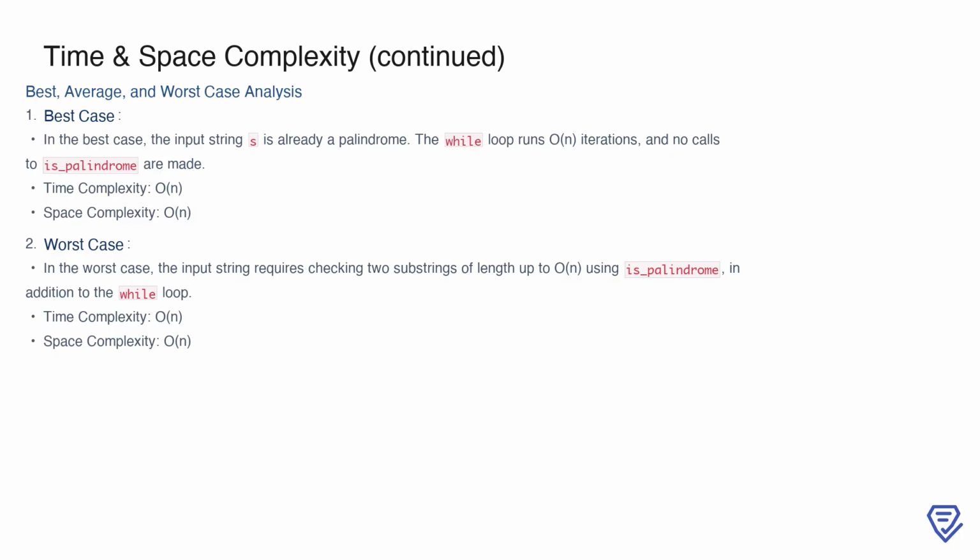In the worst case, the string requires checking two substrings of length up to O(n) using the is_palindrome function, in addition to the O(n) iterations of the while loop. Even in this situation, the time complexity remains O(n), and the space complexity is O(n) as well. This consistency across best and worst cases makes the algorithm robust and predictable in terms of resource usage.